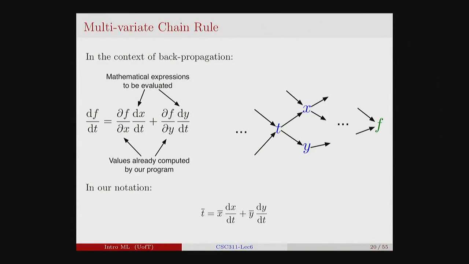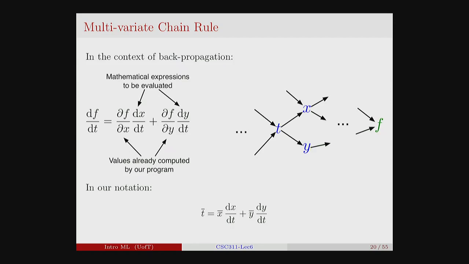So how does that inform our understanding of calculating gradients with respect to specific values in the neural network? Well, in the context of backpropagation, we have some mathematical expressions that need to get evaluated. We care about some df with respect to dt.